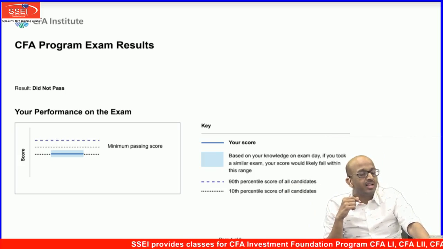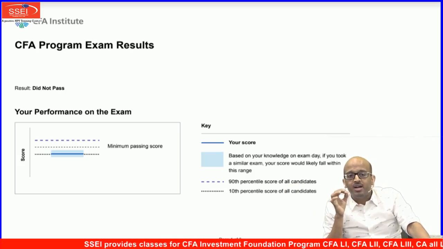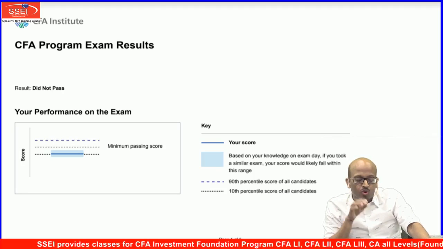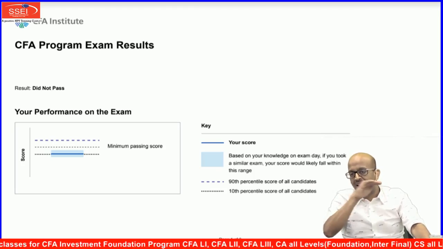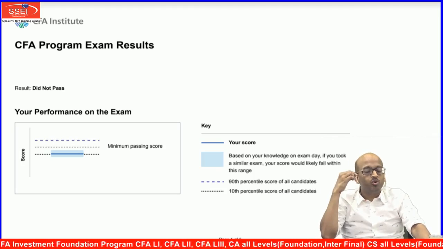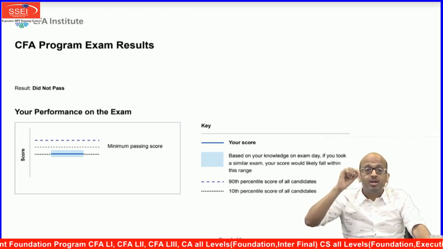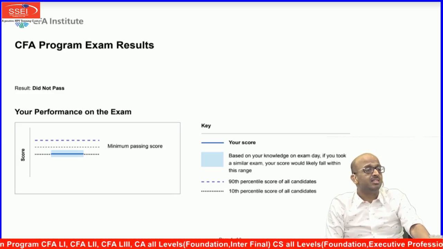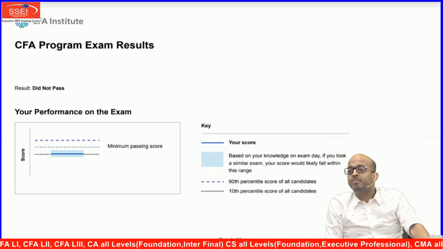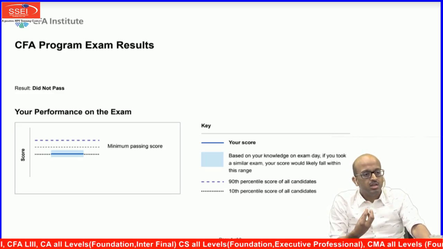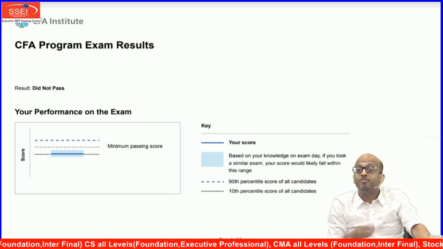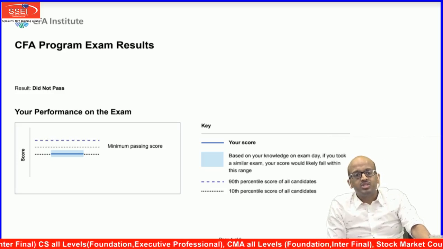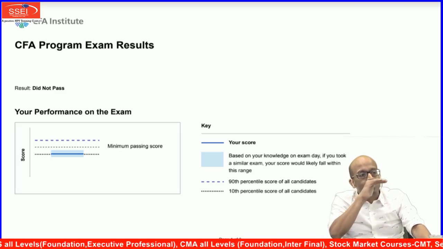They mean to say that if you appeared in the exam and you got a particular score, percentile, which is the deep blue line, of course they do understand that on a particular day in the exam, a person is exposed to a number of risks, and maybe you did not perform to your potential, or you performed more than your potential. So they try to guess that your marks are not the blue line.